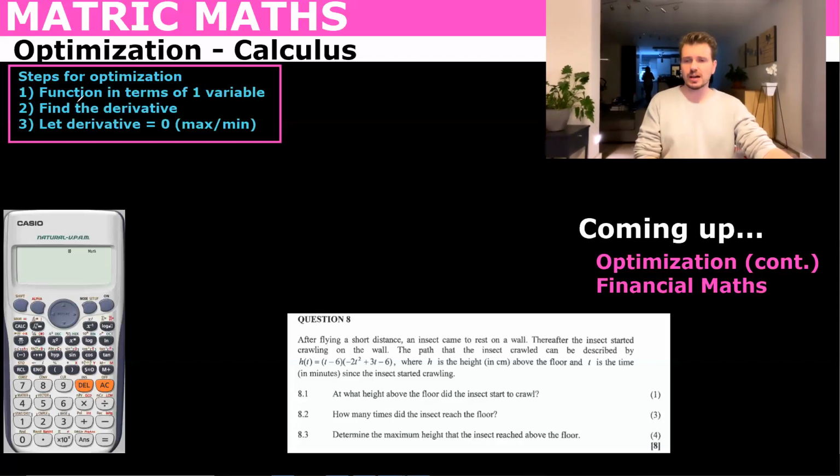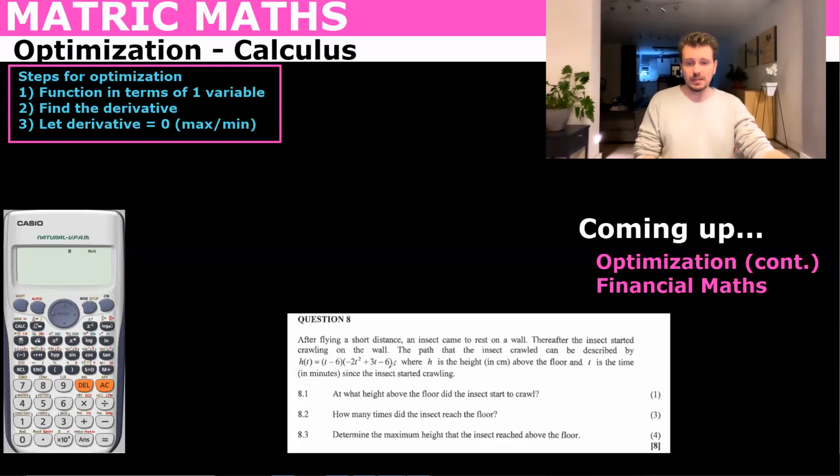I've broken this down into 3 easy steps. The first one is to find the function in terms of one variable. For example, f of x equals x squared plus x plus 2. There's one variable, which is x. In this question, we've got h of t equals t, and so on, but the t is one variable.